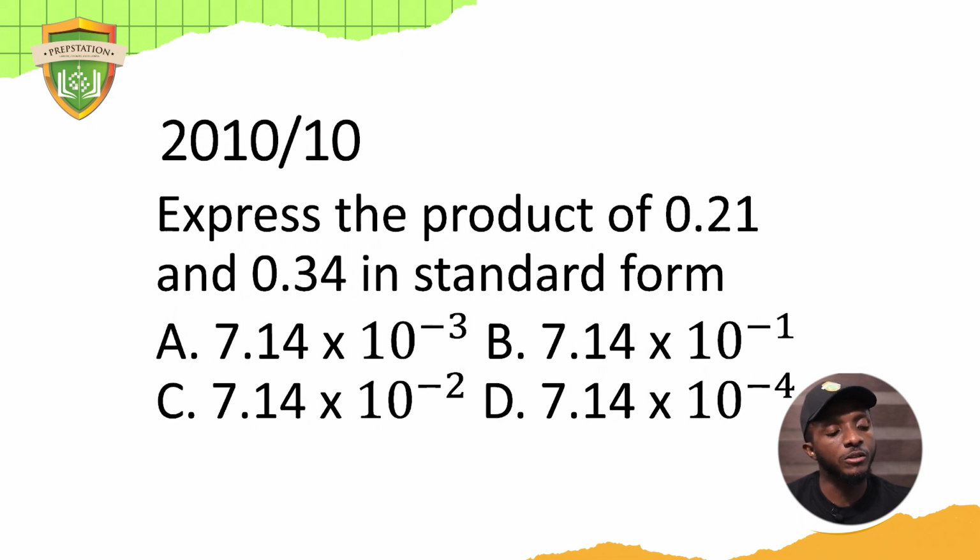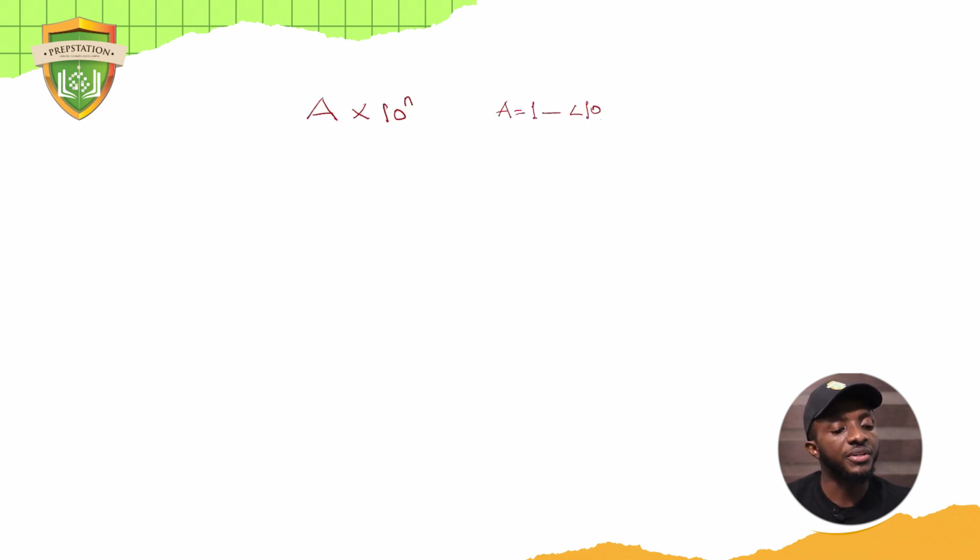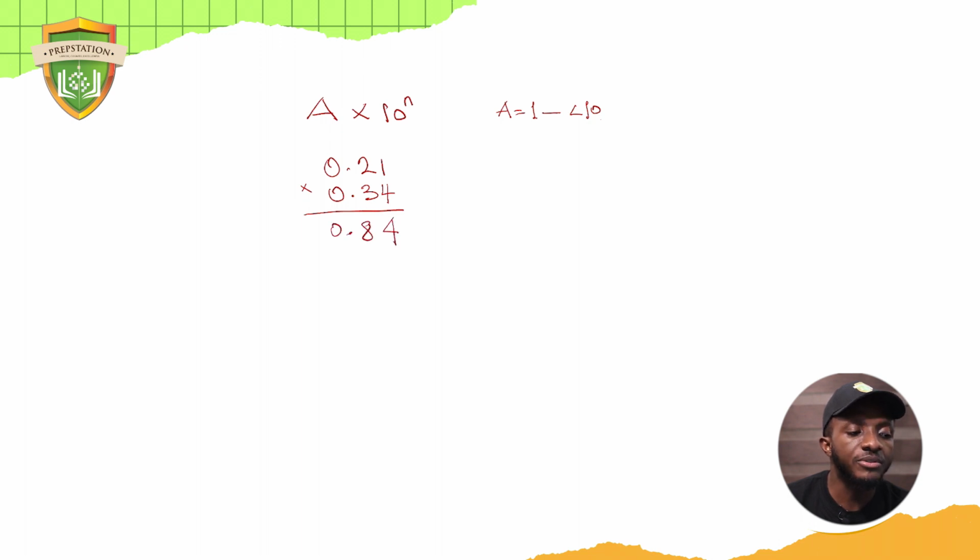So 0.21 times 0.34. Now let's go. 4 times 1 is 4. 4 times 2 is 8. 4 times 0 is 0. 3 times 1 is 3. 3 times 2 is 6.